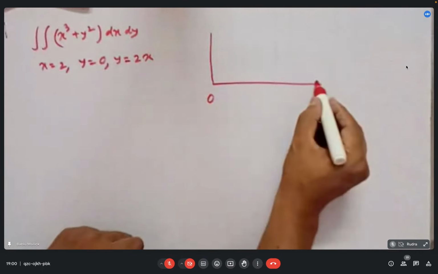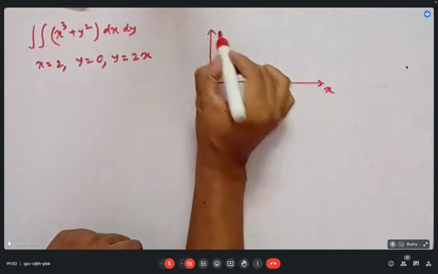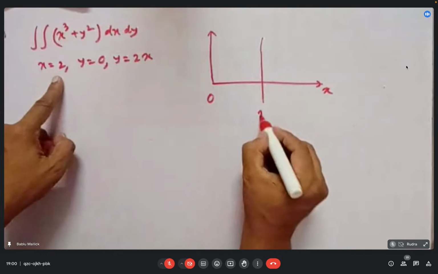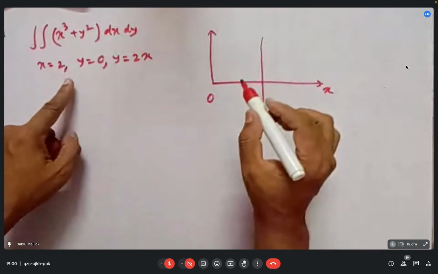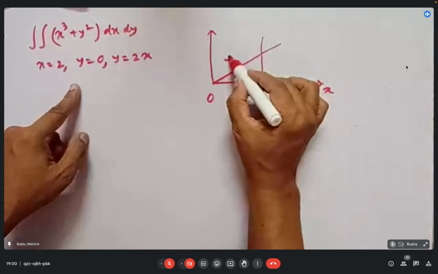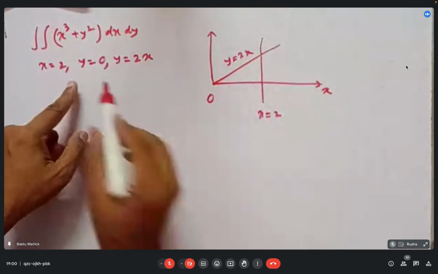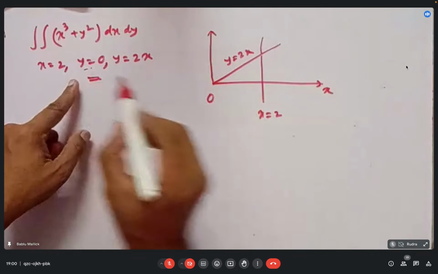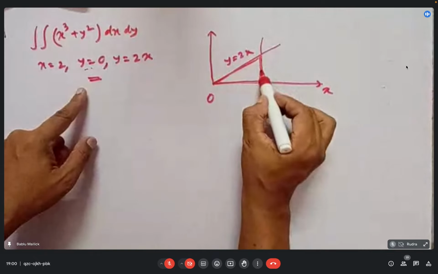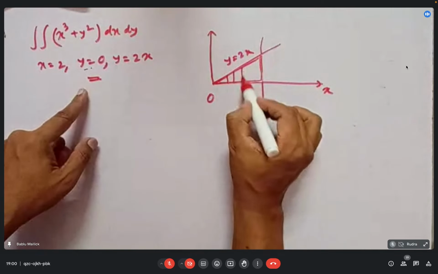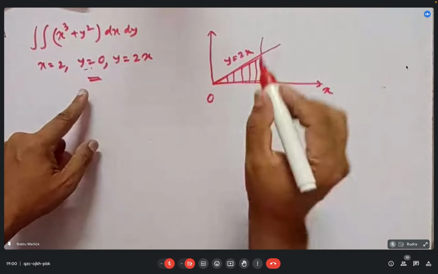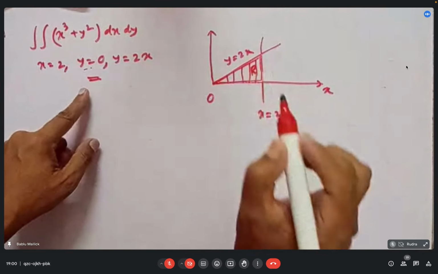It is the origin, the x-axis and the y-axis. x equal to 2 means this line. y equal to 2x is this line, and y equal to 0 means the x-axis. So finally the region R is this region.